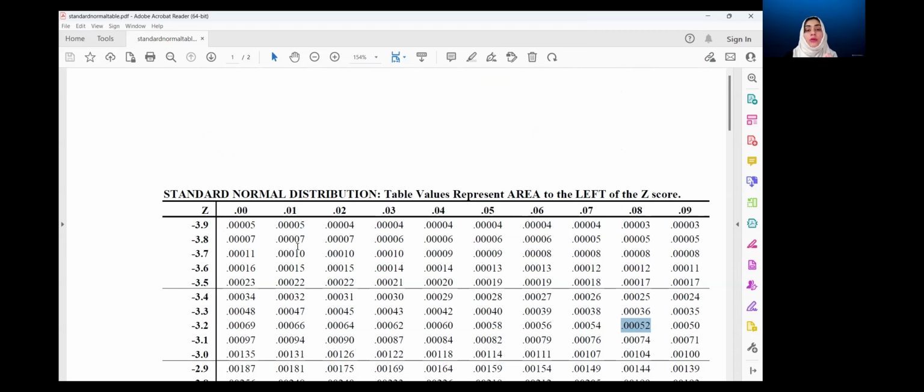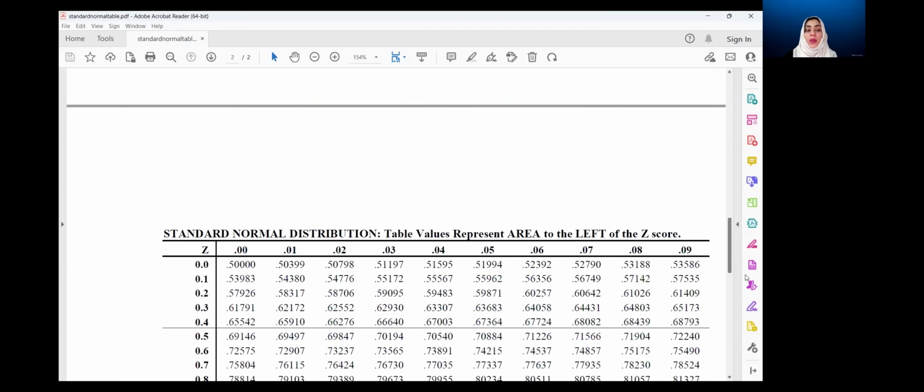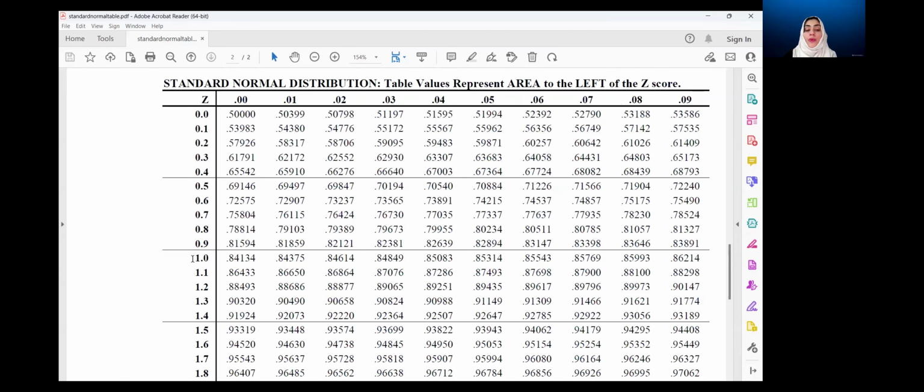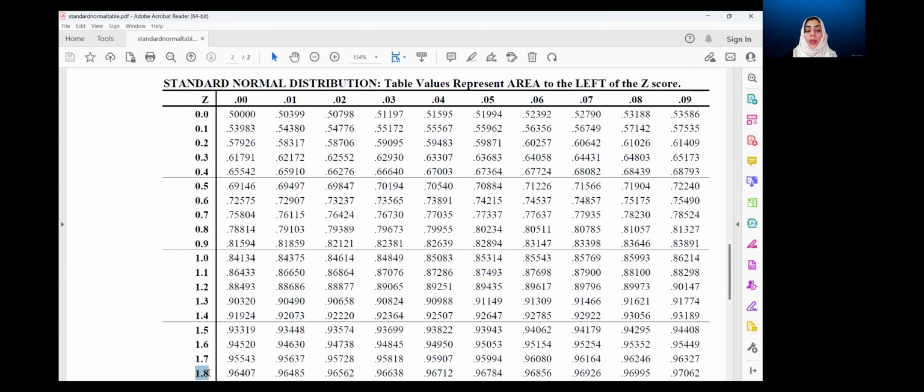From here, you should also notice that whatever probability value we get from this table is always for a range which is smaller than the value we're considering. So if you look up, say, 1.82, we find 1.8 here, and for 0.02, it's this one. So we have 0.96526.